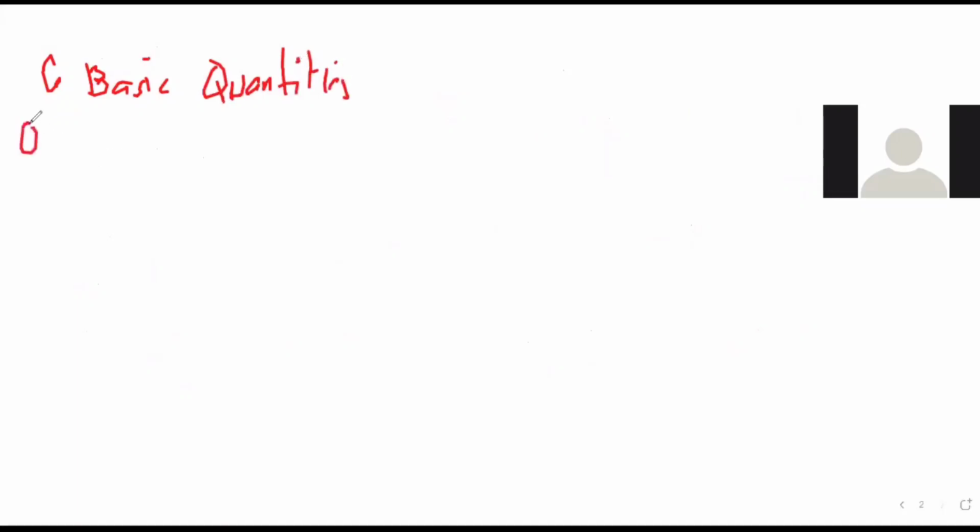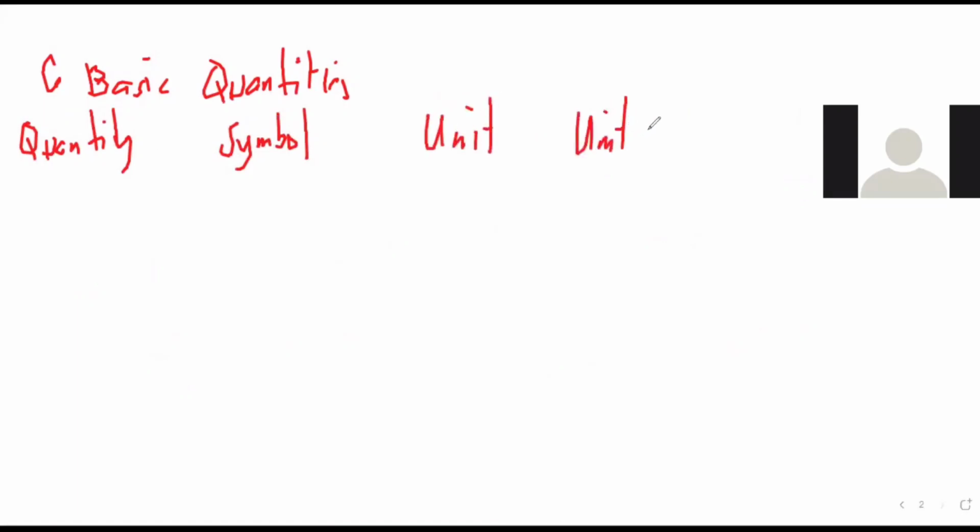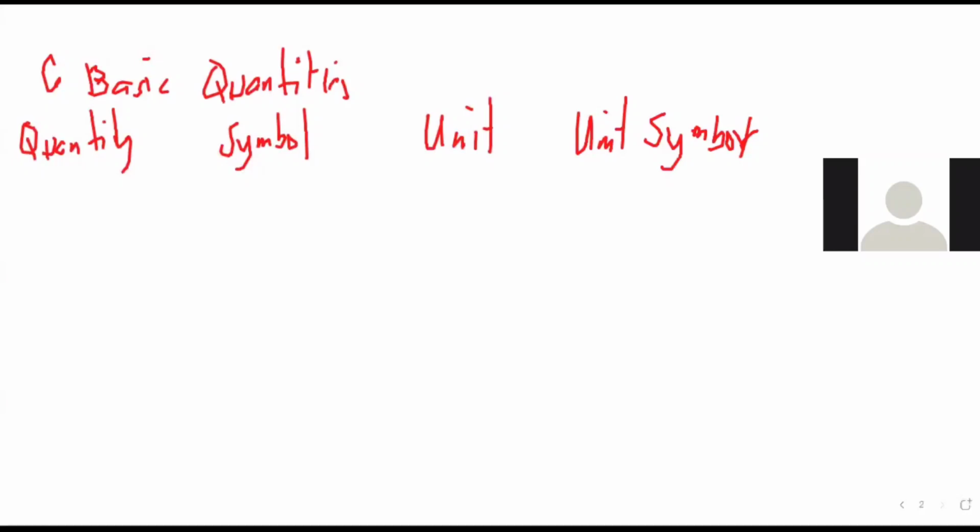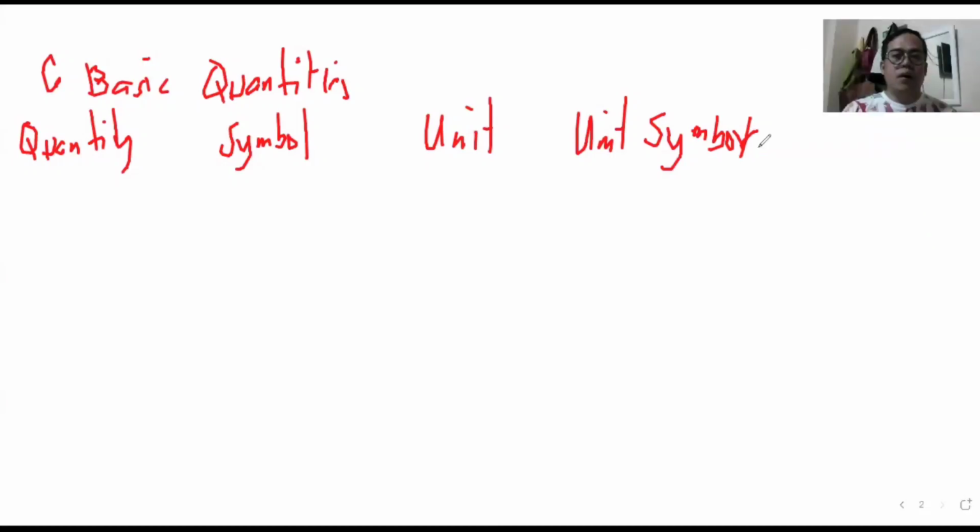Okay, what are these? So we have the quantity. Let's classify. We have the symbol of the quantity, the unit used for that quantity, and the unit symbol. All right.